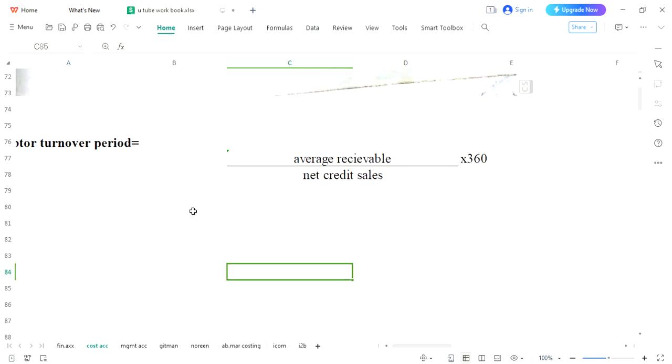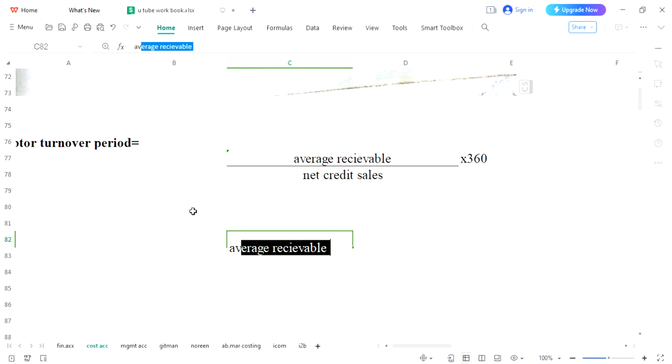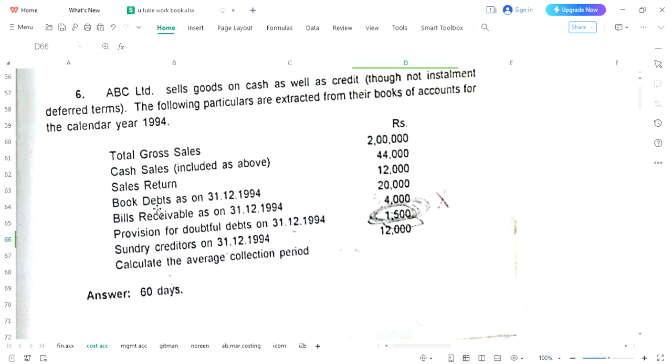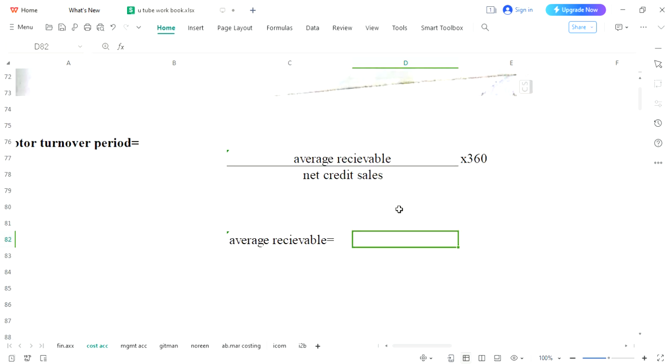So first we will calculate average receivable here, and for that there are two values. One is 20,000, bills receivable is 4,000. So 20,000 and 4,000.